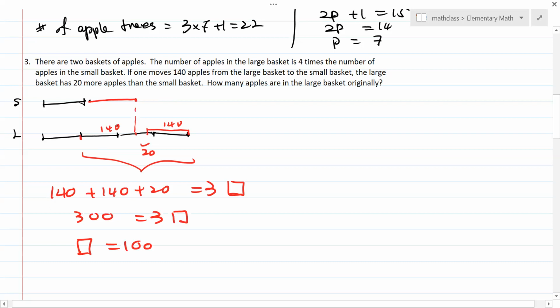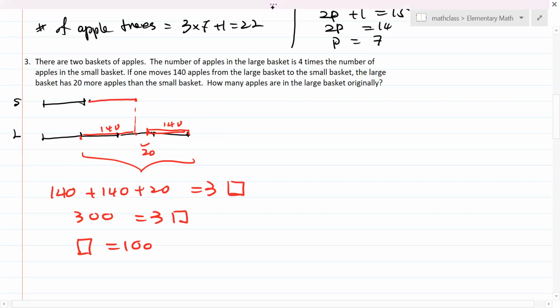But when you put it back, you will see this is a part I moved, and it's here, and there's 20 in between. So add them together, I should have 300 apples. But that's for the 3 sections at the bottom line. So that's why each section represents 100, and that 100 is the number of the apples in the small basket.